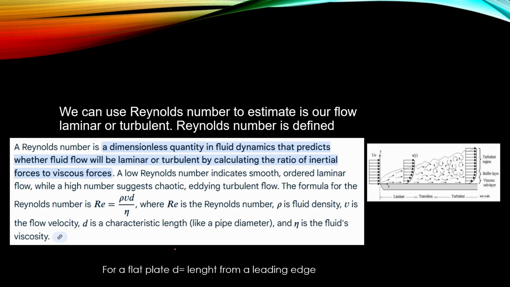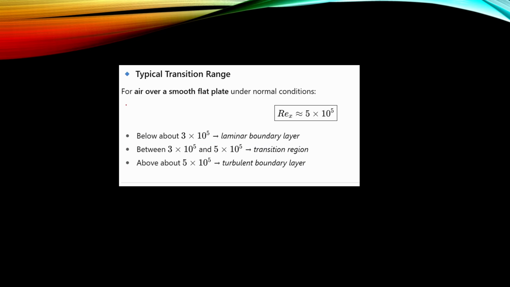And for pipe cases we use pipe diameter. For airflow over a flat plate we can say that it's laminar if the Reynolds number is below 3 times 10 to the 5th power, and it's fully turbulent if this Reynolds number is higher than 5 times 10 to the 5th power.